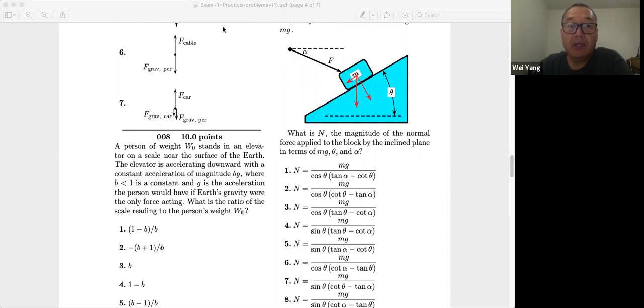Maybe I can use black color, draw a line parallel with this incline, right? Then you can see this angle will equal theta, right?